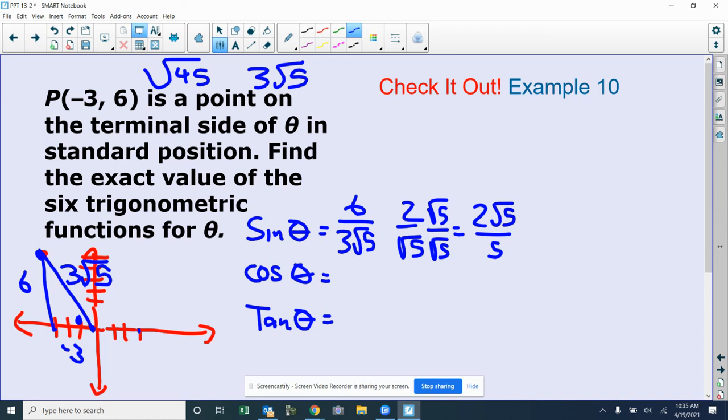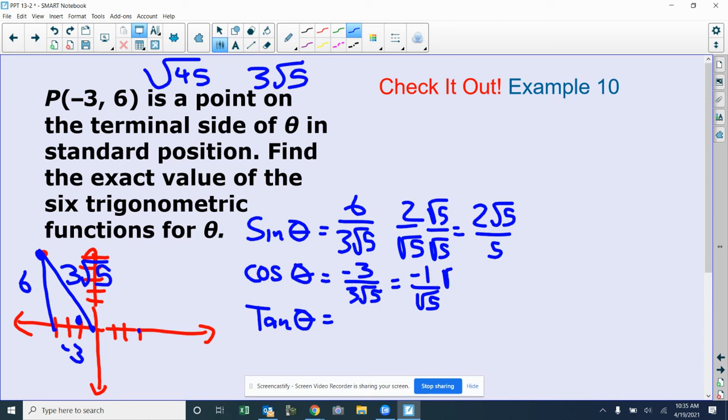I need to do the same with cosine, but what's it gonna be? What is my x value? -3 over 3 square roots of 5, which really simplifies to -1 over the square root of 5, does it? -3 over 3 there, right?